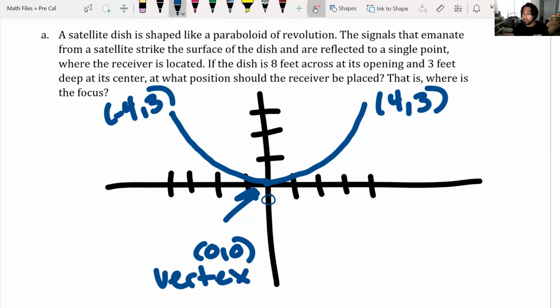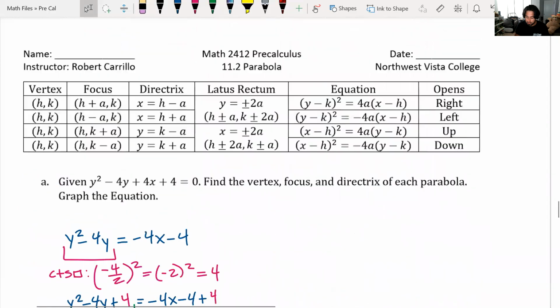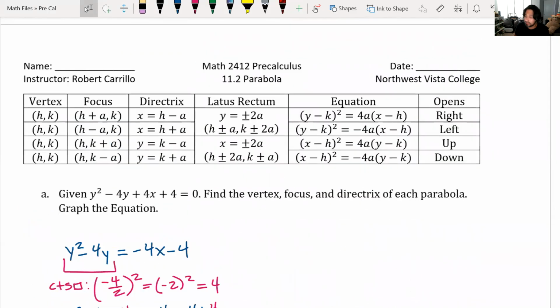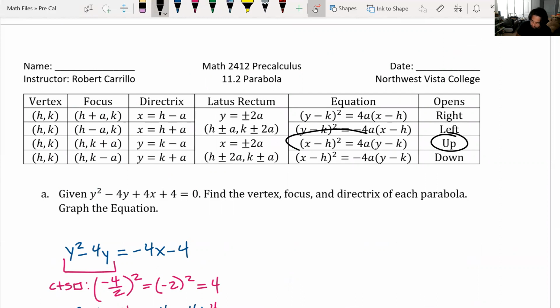Well, what we must figure out here is that we now have a parabola that opens up, which means that if we look at our formulas, a parabola that opens up will use this formula. Hey, we have a problem that has a parabola that opens up. Great, which means since in our application the parabola opens up, this is the equation we're going to use.